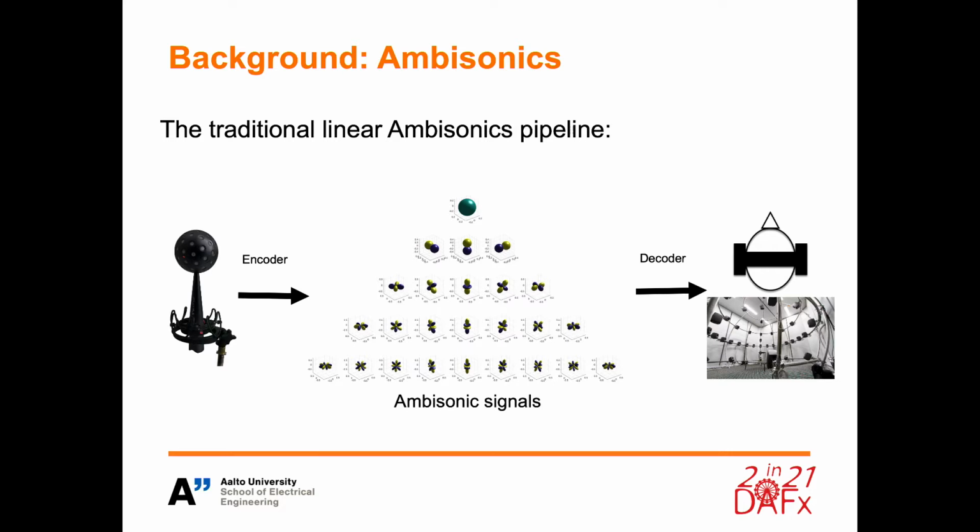These intermediate signals can then be decoded to headphones or loudspeakers rather flexibly. The decoder never needs to know which microphone array was used, since these operations are decoupled. And the decoder doesn't need to know what kind of scenario the ambisonic signals are describing, since we're talking about purely linear operations at the moment.